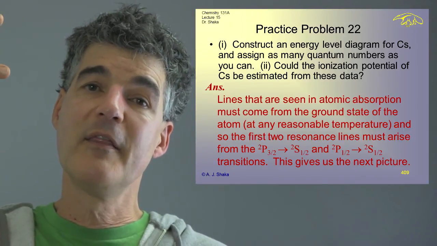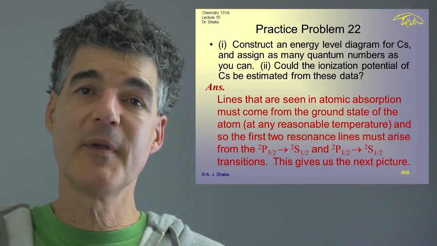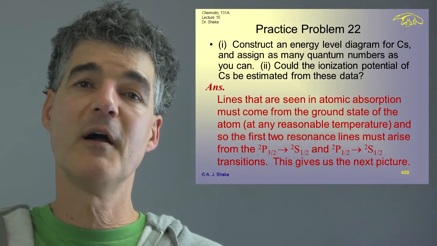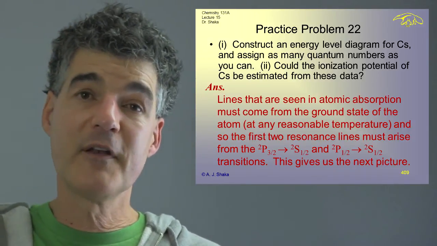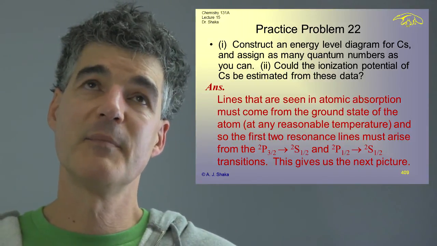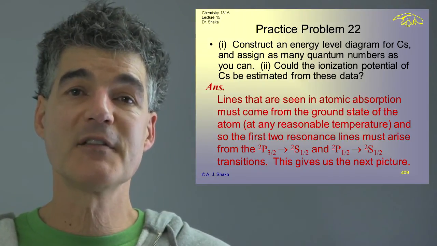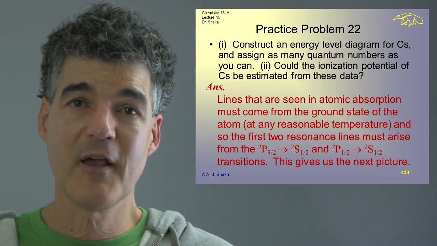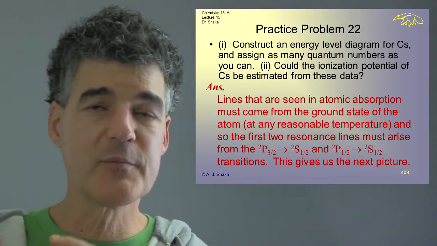And we know that they're split, and they're split by the spin-orbit coupling. If we've got a very big positive charge on the cesium atom, that spin-orbit coupling should be big. And if we happen to remember, oftentimes you do if you're under pressure, that the sodium splitting was 17, we expect some splitting that's going to be quite a bit bigger than 17 when we have this enormous cesium charge moving around.